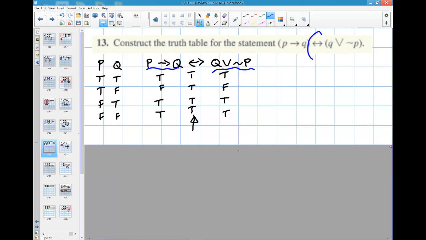And then the last thing is we have to combine them with an if and only if, with a biconditional. So just do it a step at a time. Do the first set of parentheses first, then do the second set of parentheses, and then bring them together. Final answer, in this case, is actually a tautology, isn't it?